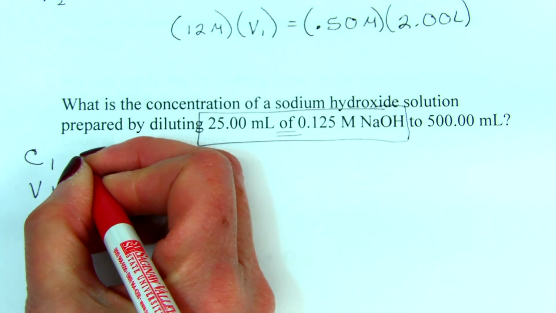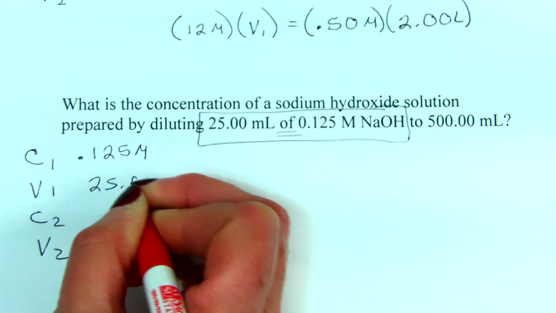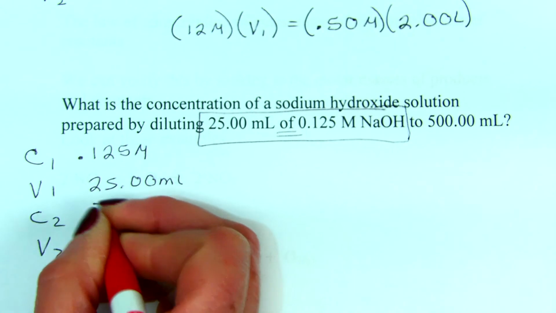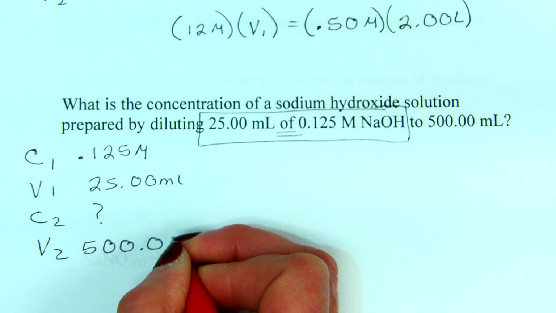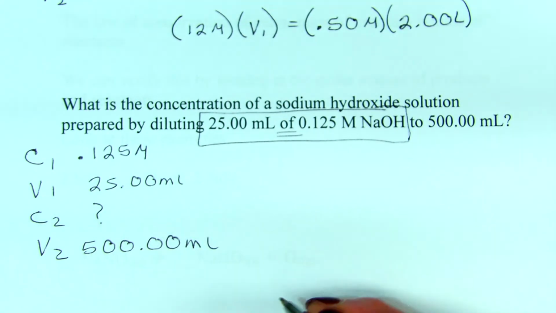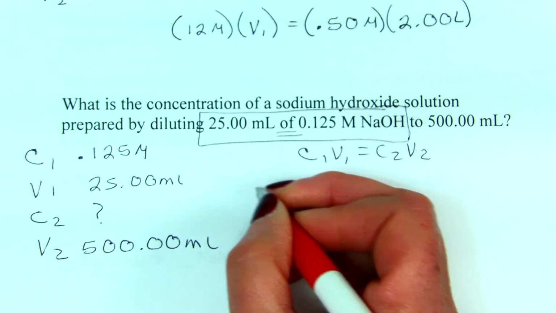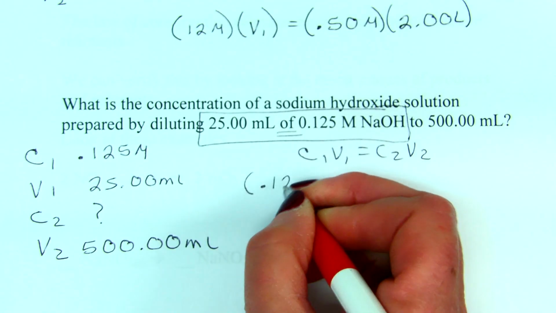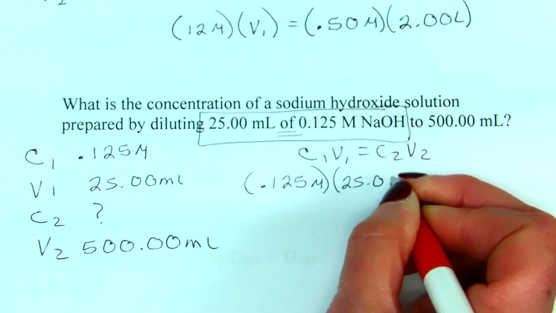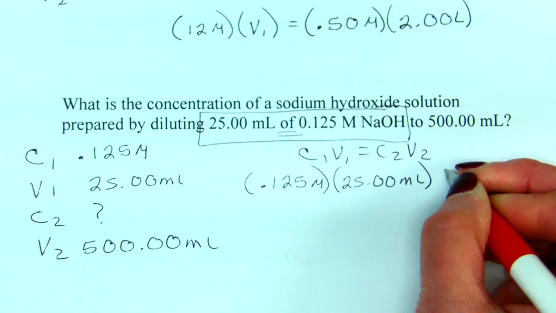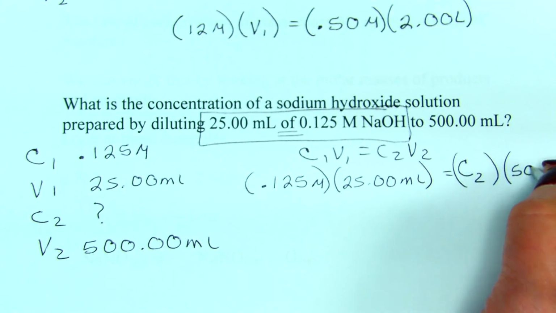So my concentration, 0.125 molar. My volume, 25 milliliters. Those two go together. My new concentration is the unknown, and my new volume is 500 milliliters. So we know C1V1 equals C2V2. So we can start out writing the numbers in. 0.125 molar times 25 milliliters is equal to C2 times 500 milliliters.